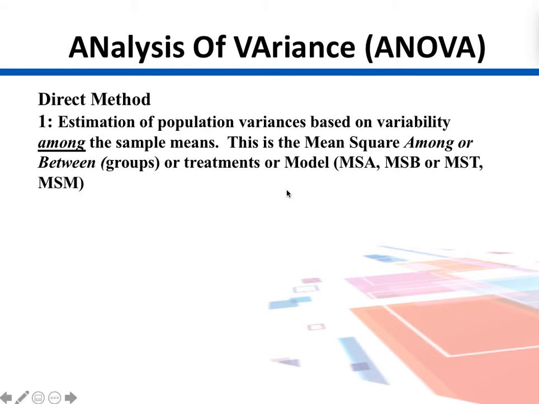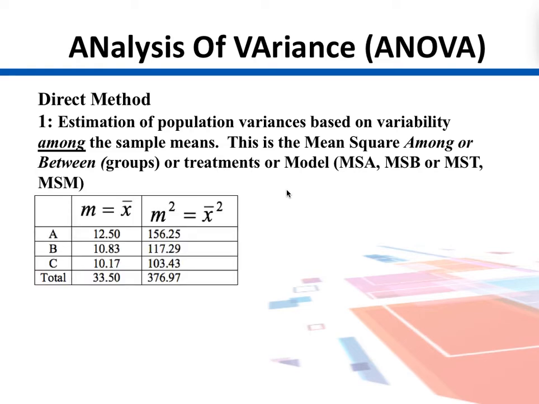So let's calculate this mean square among with a direct and easy method. Suppose we are given three means coming from three treatments. Treatment A gives a mean of 12.50, B is 10.83, C is 10.17, and we sum them up. This is the sum of these x bars, just like we did for the x's or y's before.